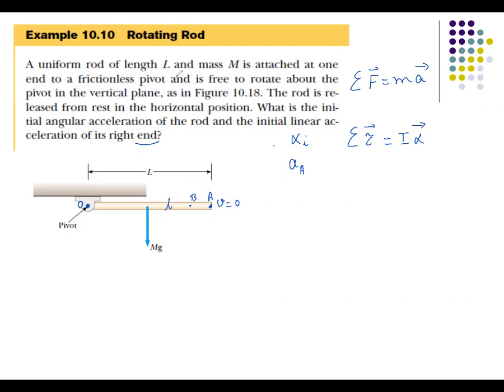Here, on the rod, we have the reaction R and we have the weight mg. The pivot point is at O, so you can say directly tau of R equals 0. Why? Because R is passing through the pivot.